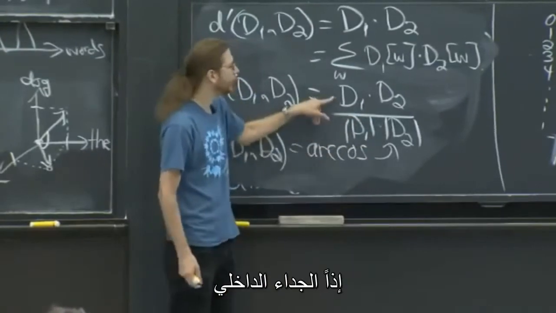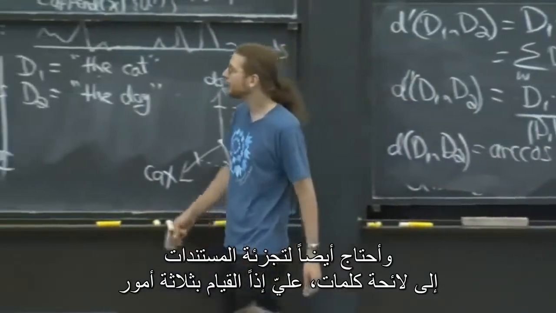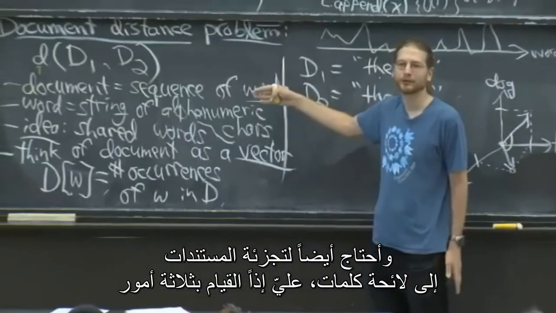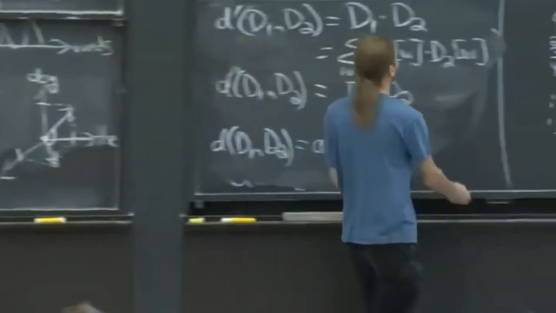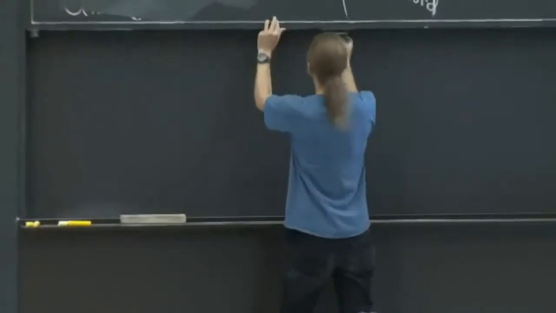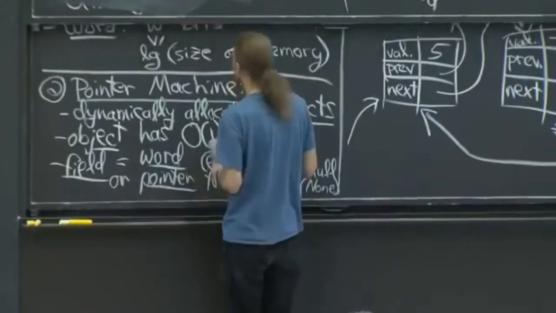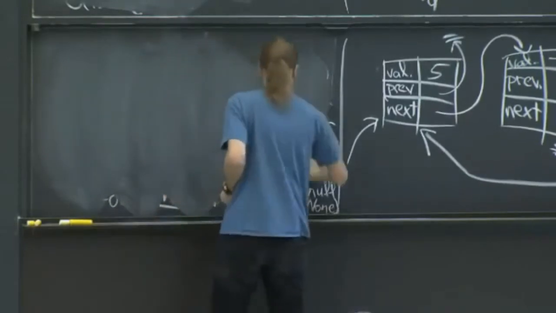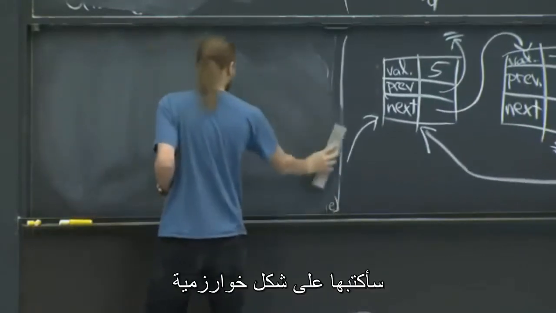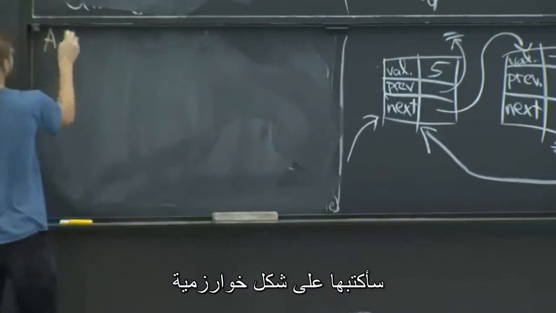That's really easy. So dot product. I also need to decompose a document into a list of words. So there are three things I need to do. Let me write them down. So, sort of algorithm.